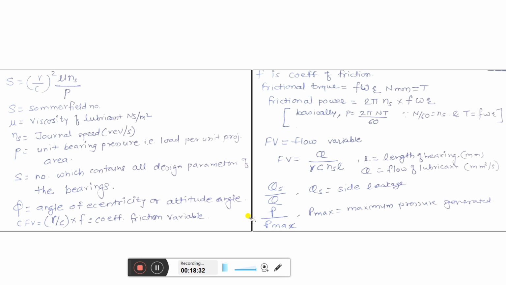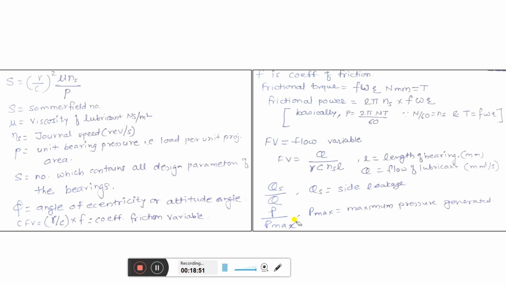Generally for a hydrodynamic journal bearing, the inlet pressure, the small p, is atmospheric pressure. At atmospheric pressure we are pouring the oil. So p upon pmax is the ratio, and it is also one more dimensionless number.